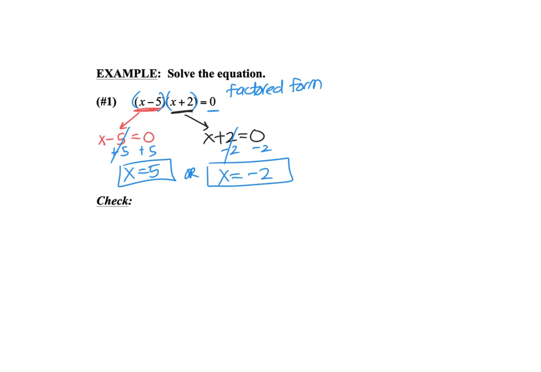Now, just like always, we are able to check our work, okay? And so I'm not going to ask you to check this all the time, but sometimes. And so when I check this, I will have to show this twice. So I'm saying right here, I'm going to replace the x with 5.